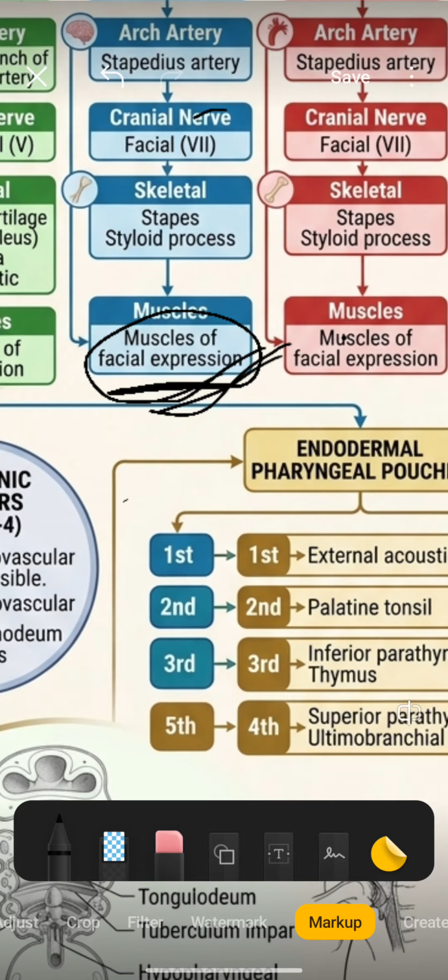Okay. Orbicularis oculi, orbicularis oris, auricularis, platysma, frontalis, buccinator, and 3 main, SPF, sun protecting factor. Okay.